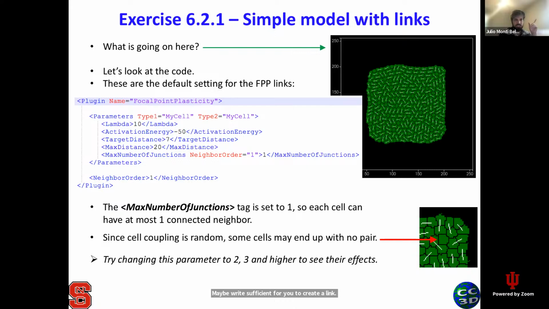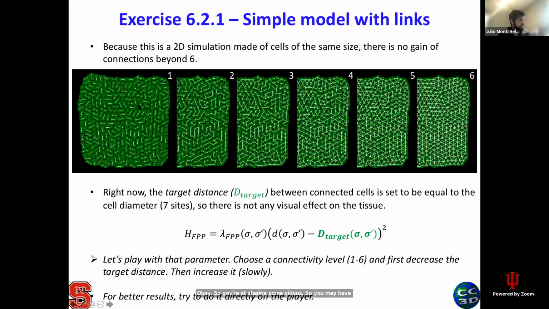So you're sharing some videos. You may have seen that this is the first situation, with the maximum number of junctions set to 1. That's what happens when you set it to 2, 3, 4, 5, 6. By the time you set it to 6, all the cells are linked with all the neighbors around them, because in a situation where you have a bunch of cells of the same size together, you have 6 neighbors, right?